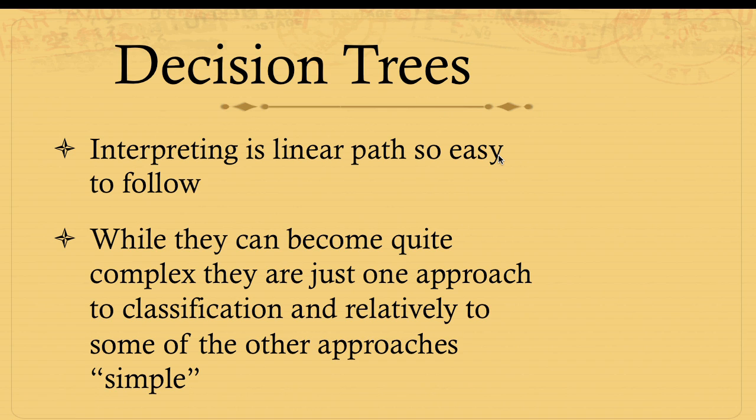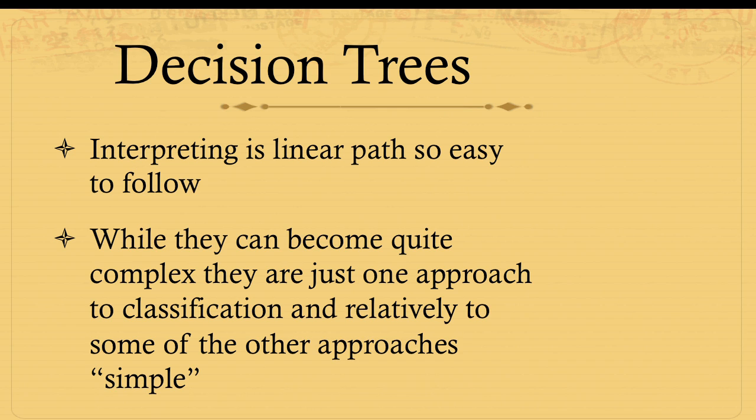They're fairly easy to follow when they're relatively small, so the interpretation is easy. But they can become quite complex, and we'll see that when we look at the problem from the chapter. Do keep in mind that we're only looking at one particular modeling approach for classification here. There are other approaches.